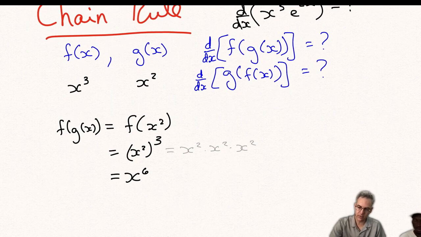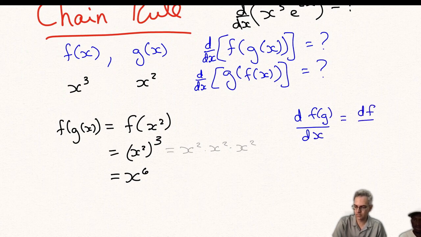Now, the chain rule says, the actual definition of it, that d of f of g with respect to x is df dg times dg dx.